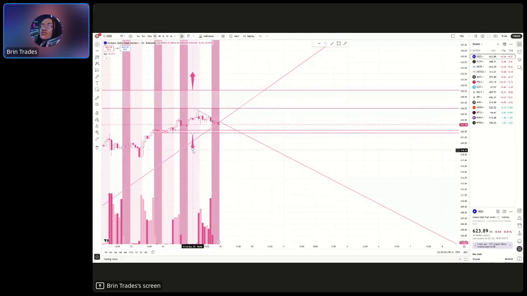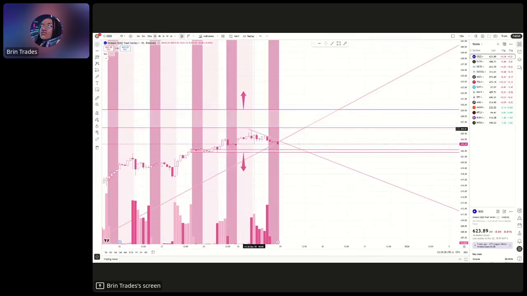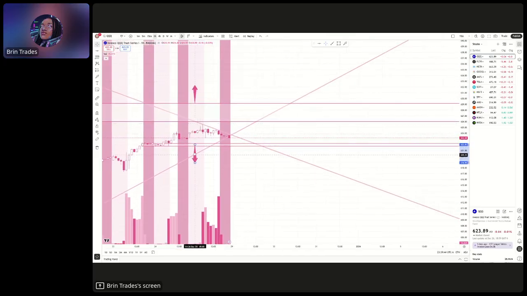Yeah, so calls above, puts below. Okay, this is actually annoying me, so I'll make this longer. So puts below 621.72 and calls above 629.13.